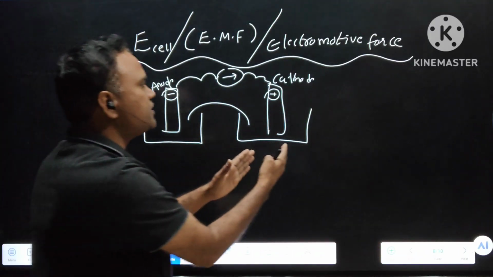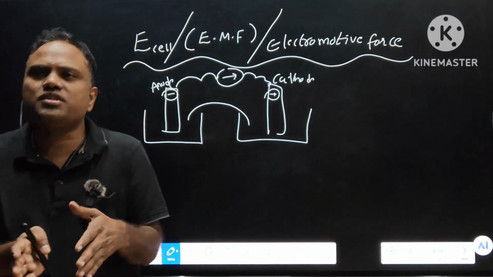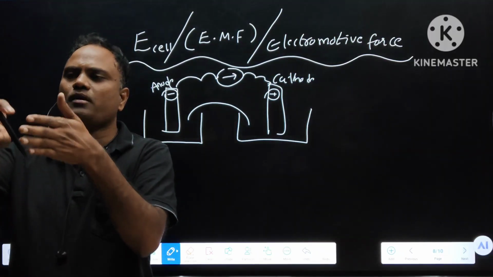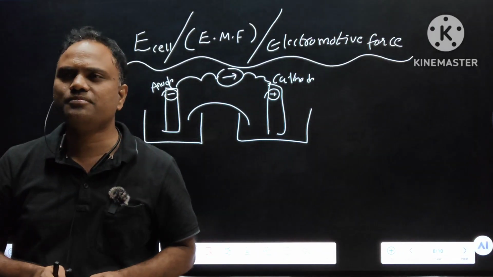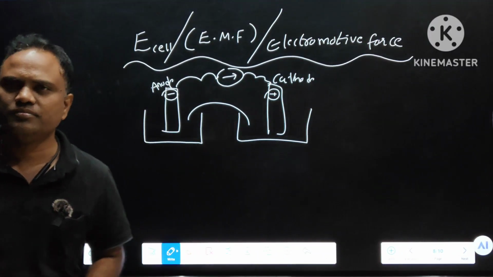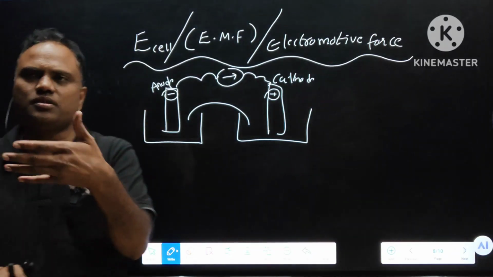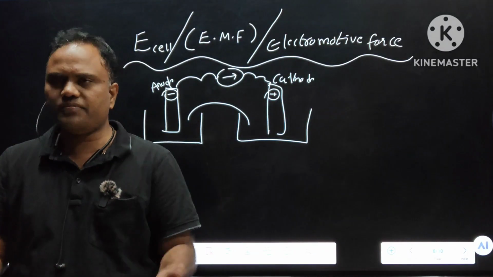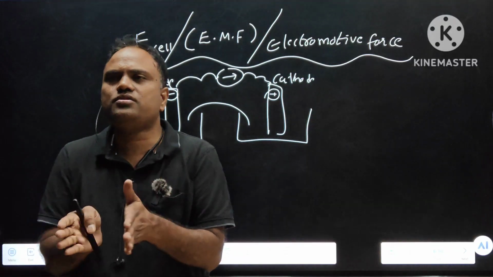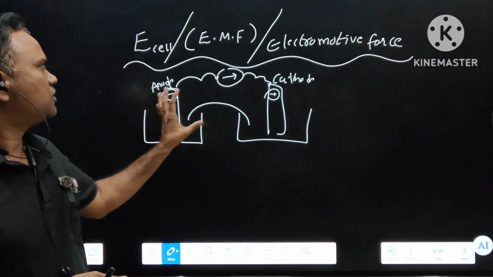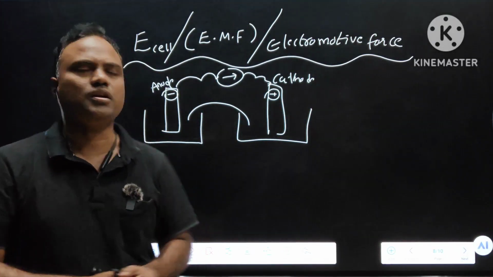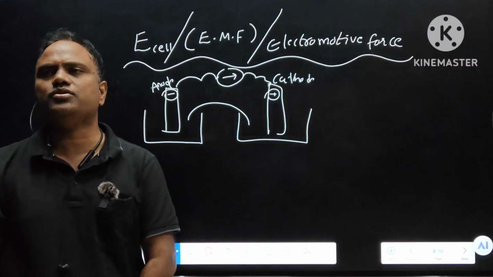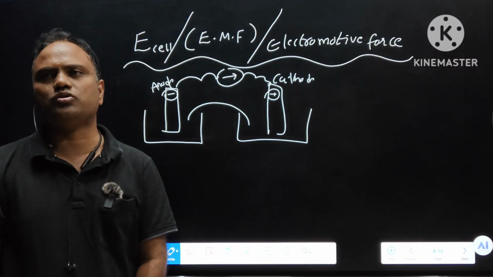In the two half cells we have seen the development of positive and negative charges side by side. Electrode potential is developed. So the anode has some potential, the cathode has some potential. Clear? The sum of these electrode potentials is called E cell. Add the electrode potentials of these two half cells.